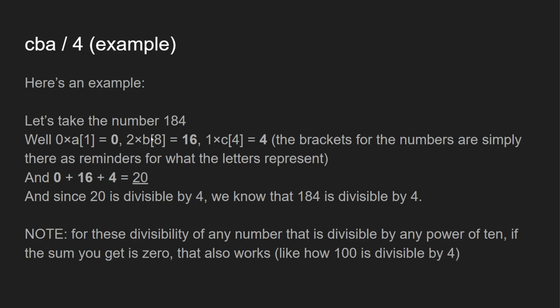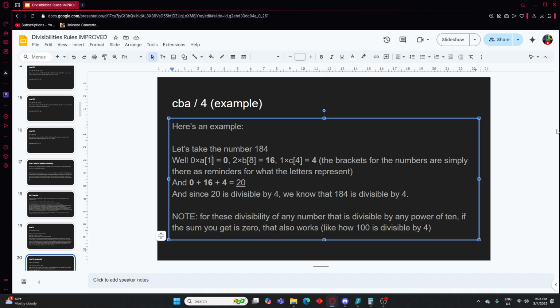Wait, this is wrong. This is supposed to be the other way around. Excuse me real quick while I fix this. A is supposed to be, it's still 0. No, it's not 0 times A, it's 1 times A, which is 4.